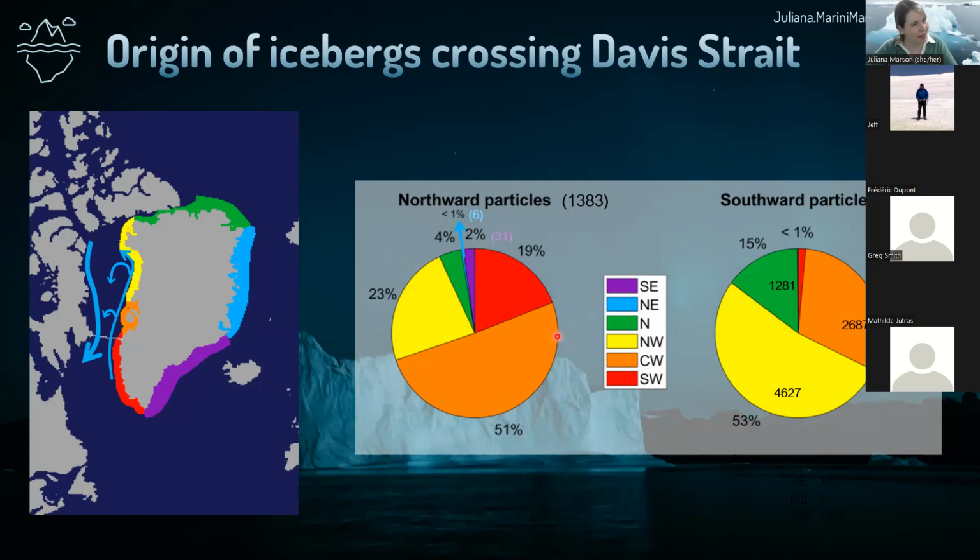Most of the icebergs crossing northwards are coming from the north of Davis Strait, which is sort of weird, right? They are coming from the central west and northwest, and a little bit from the north as well. So that made me curious what is exactly going on there.